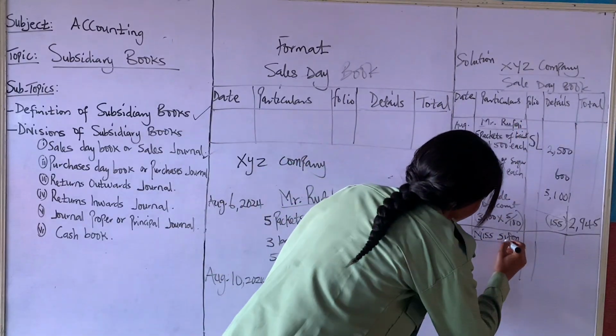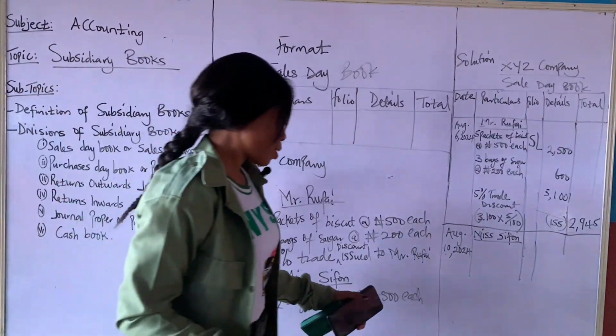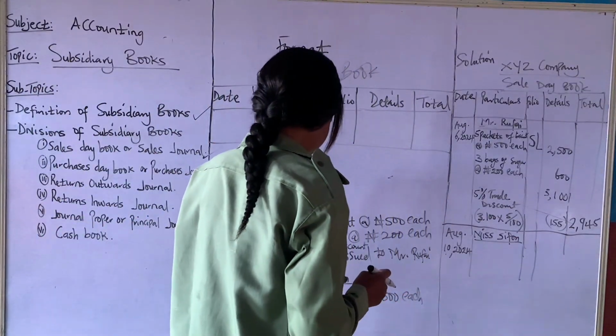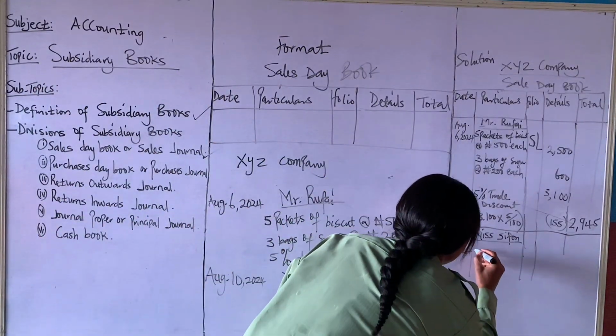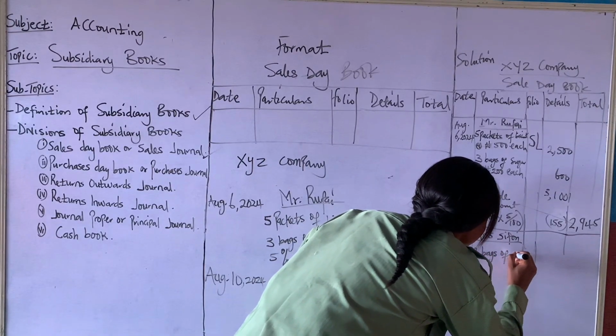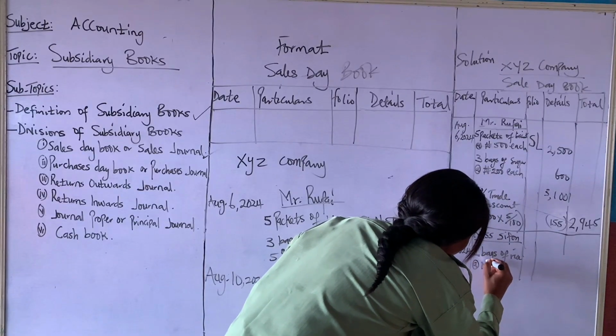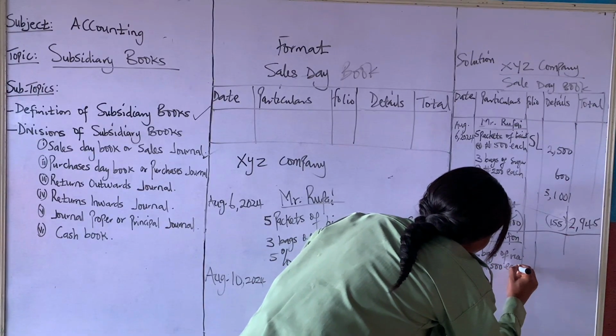Okay. So he actually purchased 2 bags of rice at the rate of 500 each. So you bring here 2 bags of rice at 500 naira each.